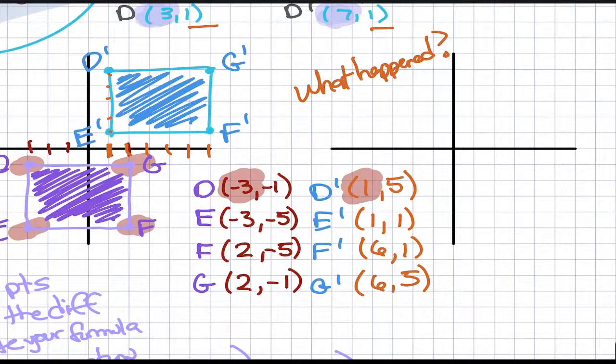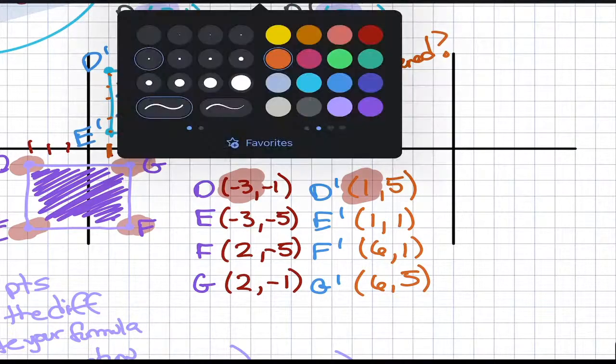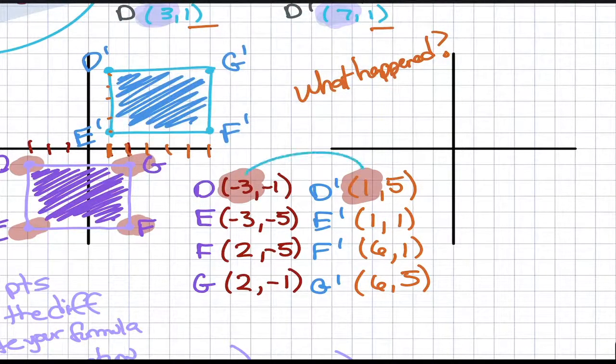Hopefully you found that you had to add. The question is, how many? You have to add +4 to go from an x of -3 to an x of 1.